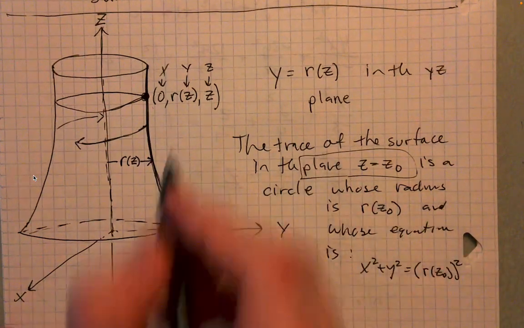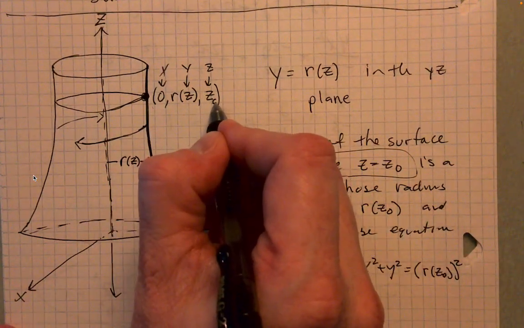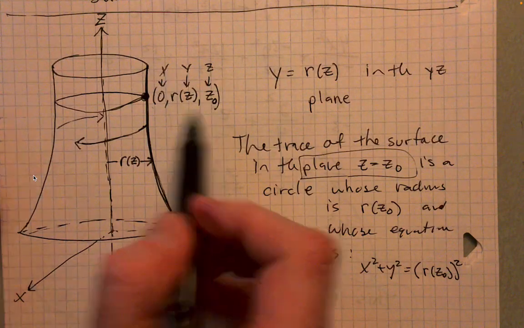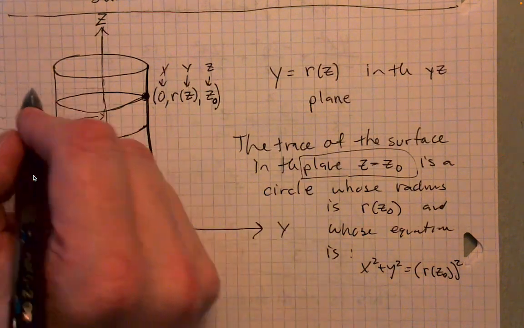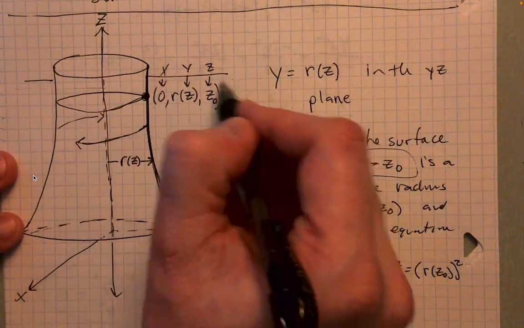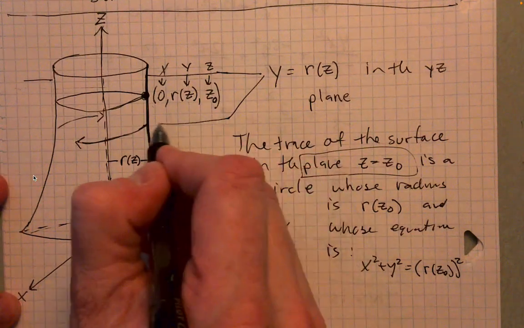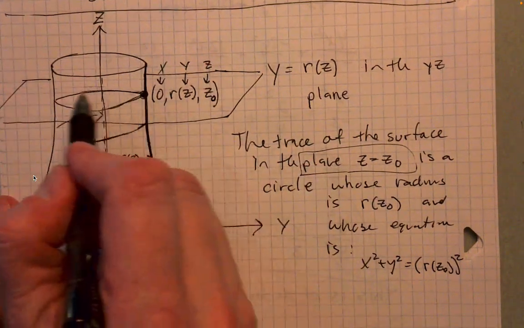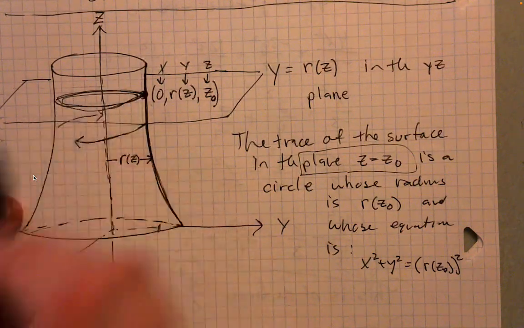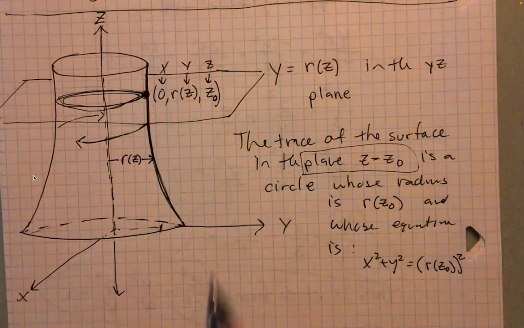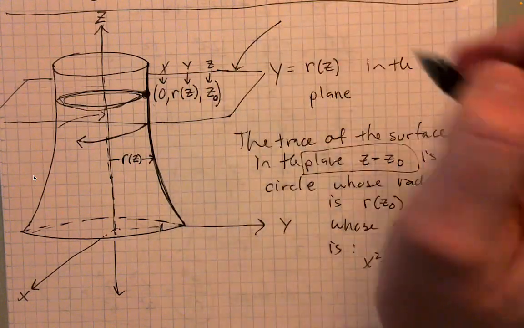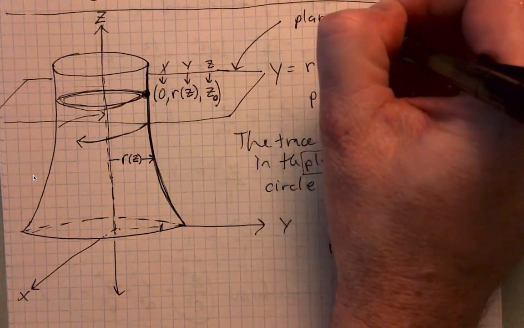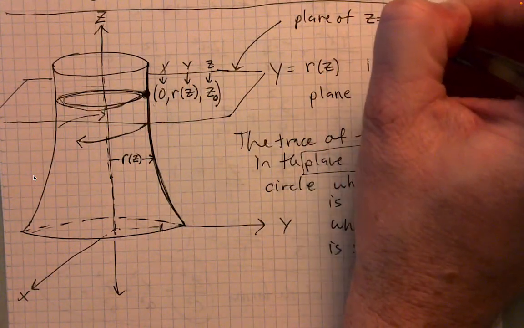I want to make sure that's clear. So let's imagine this is z0. Then there's a plane that is defined here, and this circle happens to be in that plane. We would call this the plane of z equals z0.